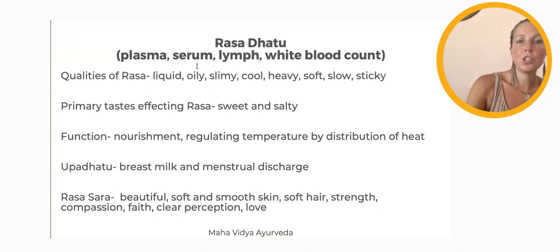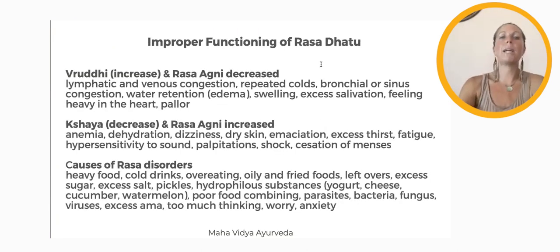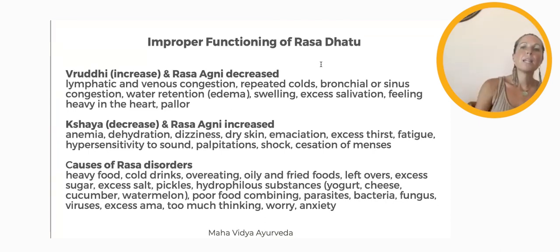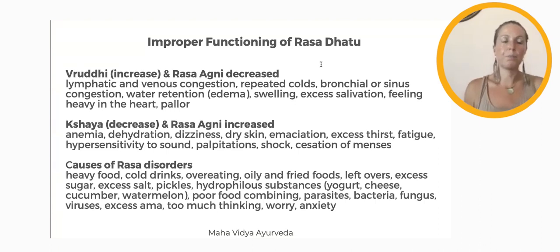If these are too high and the Rasagni is too low, you might see lymphatic and venous congestion. You might see repeated colds. You might see bronchial or sinus congestion, water retention, edema, swelling, excess salivation, feeling heavy in the heart and pallor, right? Those are all signs of high kapha, essentially, in Rasa Dhatu.